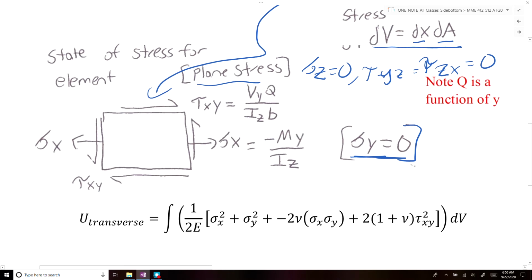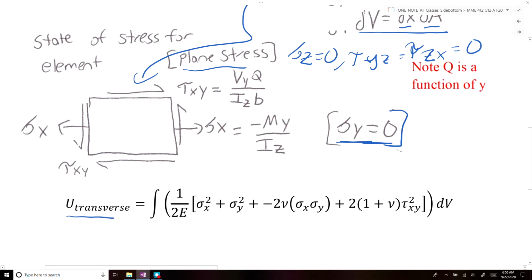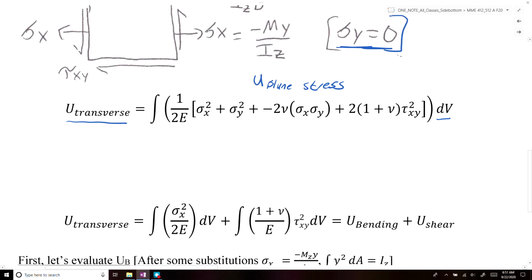So we can say that our total strain energy due to transverse loading would be equal to the strain energy per unit volume times dV, and we have to integrate it across the whole volume of our element here. If we plug in that sigma y is equal to 0 into this equation, and we distribute the differential volume within the integral, we end up getting two equations.